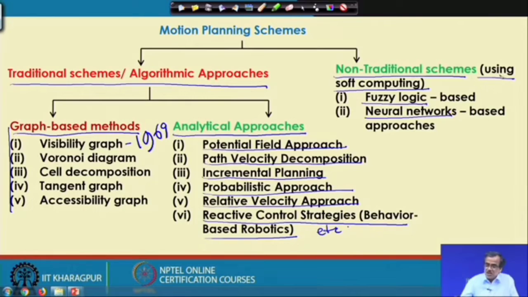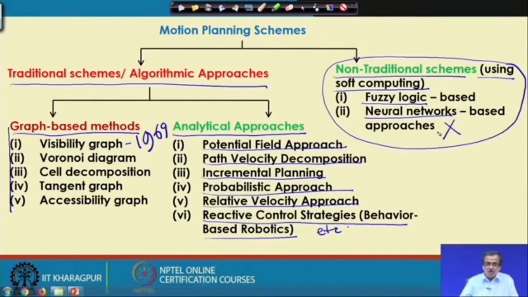Those things are beyond the scope of this particular course, so this will not be taught here. I am just going to concentrate only on the traditional schemes or the algorithmic approaches. Both the graph based techniques as well as the analytical approaches we are going to discuss, and we will see how to solve the find path problem and dynamic motion planning problem.